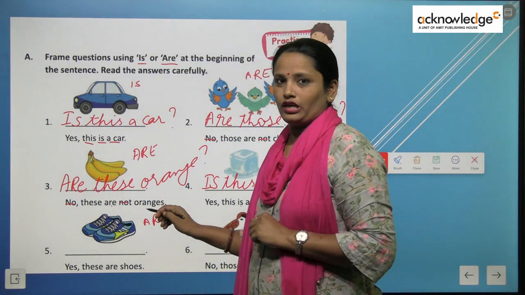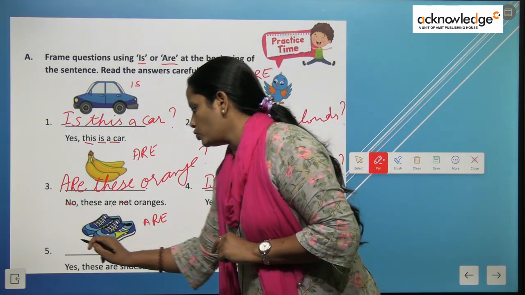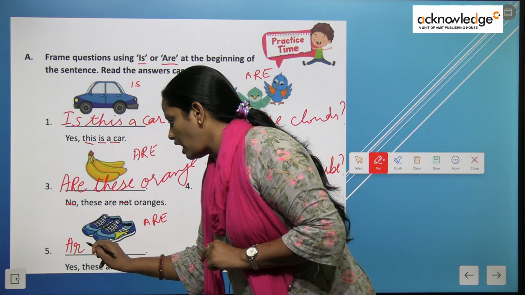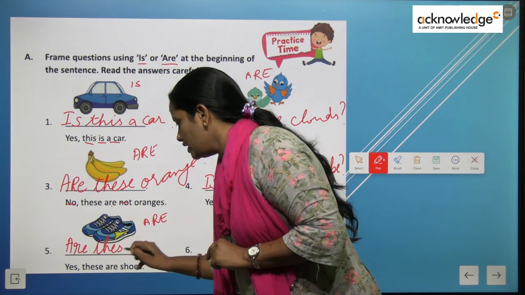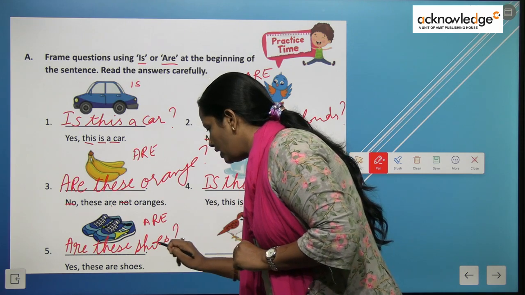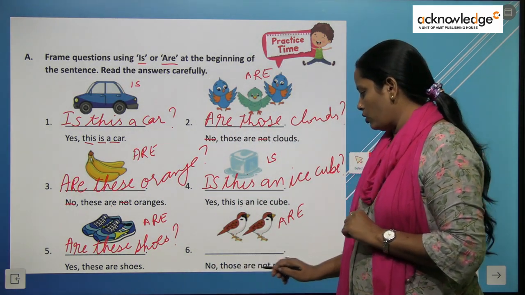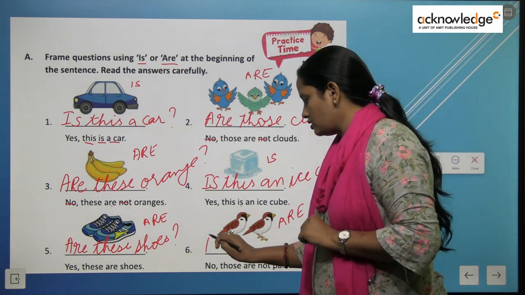Again we have to frame our question from are. Are these shoes? Are these shoes? And put a question mark. Again, are those parrots?